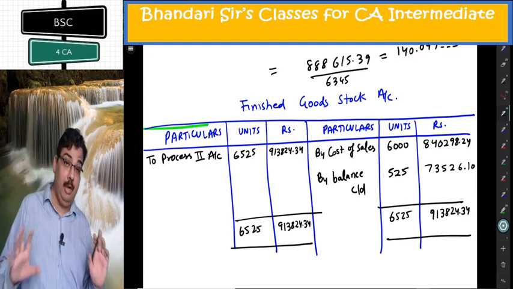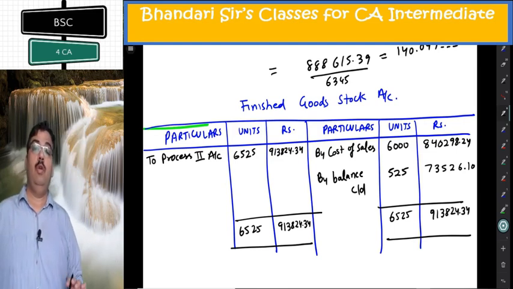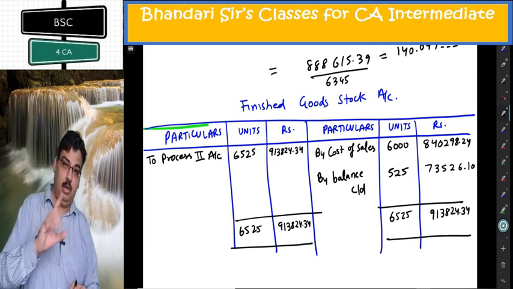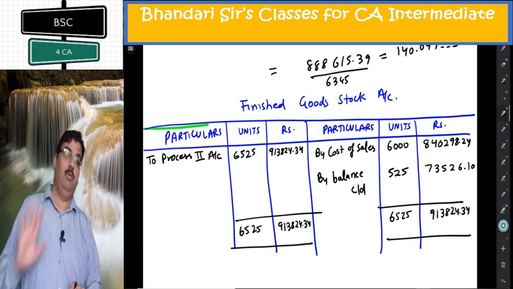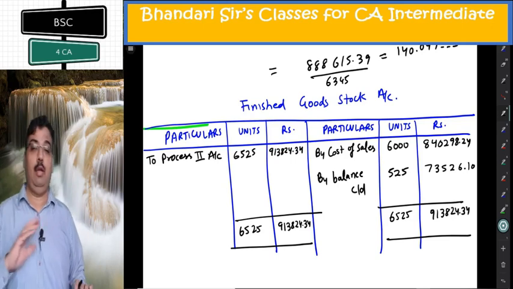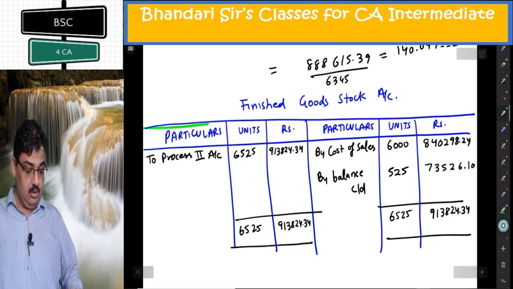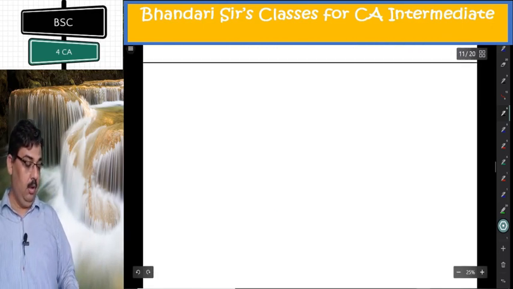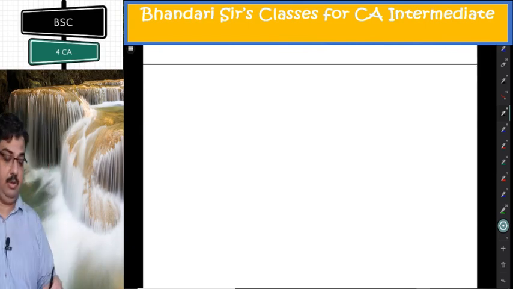Is the question complete? No. We are yet to make normal loss account, abnormal loss account, abnormal gain account, costing P&L account. After that question will be complete. So making next one, normal loss account. There is no unit column in these accounts.